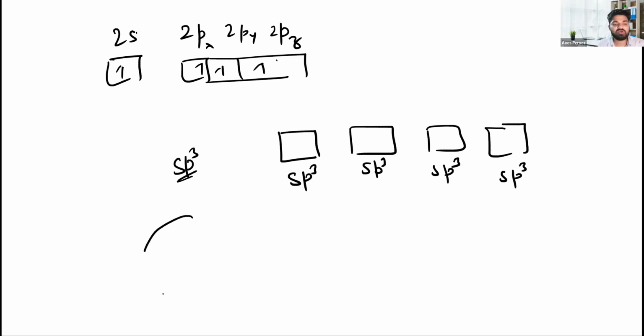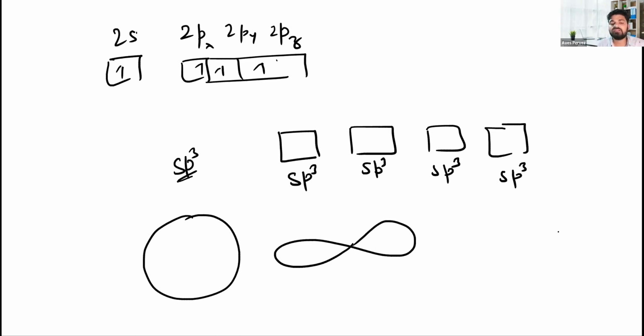For example, the s orbital is spherical and the p orbital is dumbbell shaped, so they will intermix, meaning one s and three p will mix with each other.